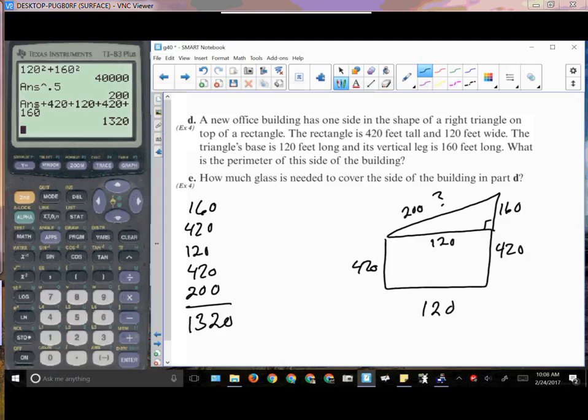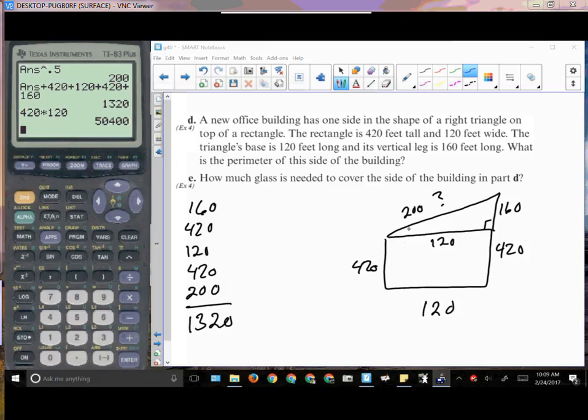So, area. Well, that should be fairly easy. Can I do the area of the rectangle and the area of the triangle by themselves and add them together? Yes. Well, isn't that what you'd want to do? Because I know how to go and figure out the area of a rectangle on there. That's pretty easy. That's just going to be 420 times 120, correct?